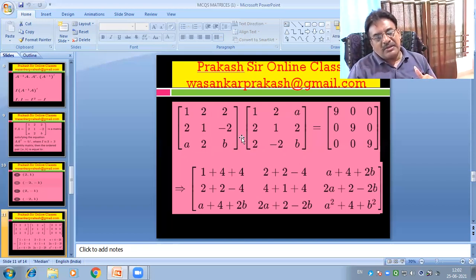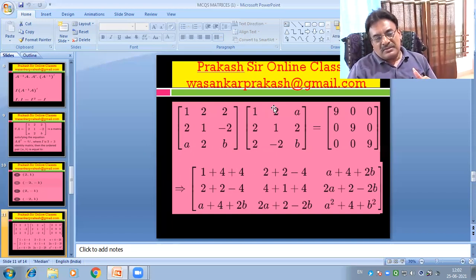Second row, second column: 2 into 2 is 4, 1 into 1 plus 1, minus 2 into minus 2 plus 4. Second row, third column: 2 into a is 2a, 1 into 2 plus 2, minus 2 into b minus 2b. Next, third row, first column: a into 1 is a, 2 into 2 is 4, b into 2 is plus 2b.